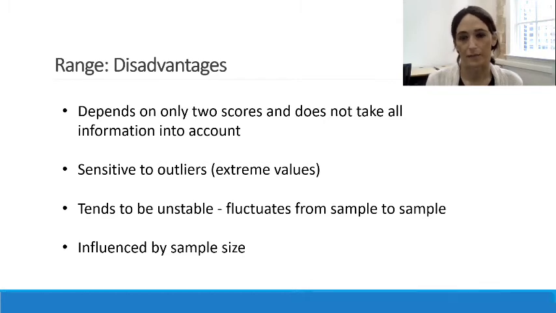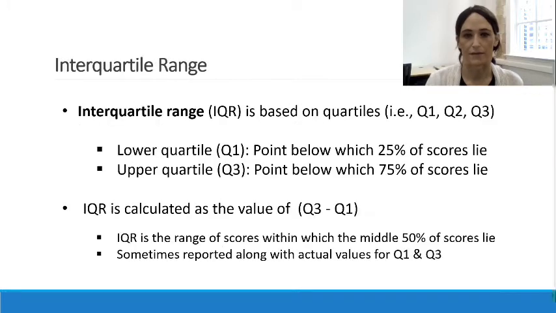It tends to be unstable and fluctuates from sample to sample depending on who we've included in our study. And it is influenced by sample size, again, in terms of which values are going to occur in our data. If we have a really small sample, we may not have those more high-end values or low-end values just by the nature of the sample size.